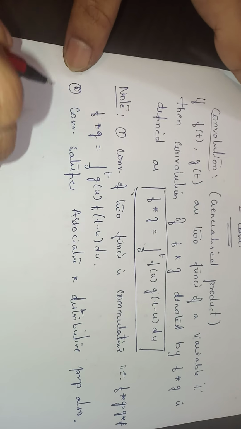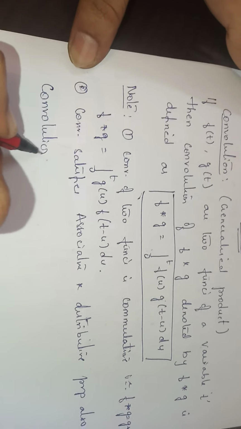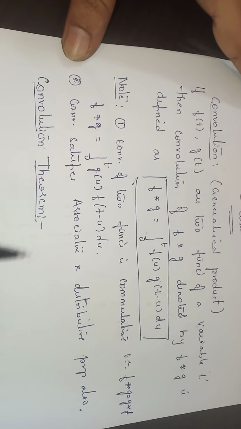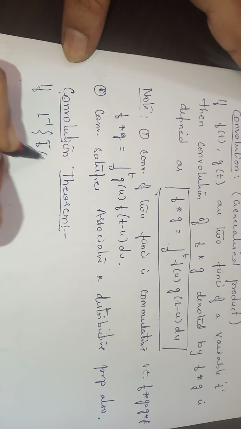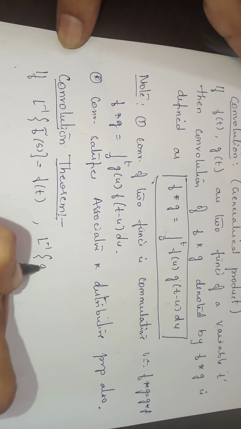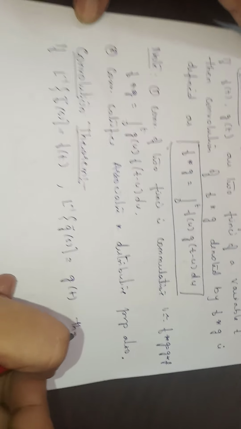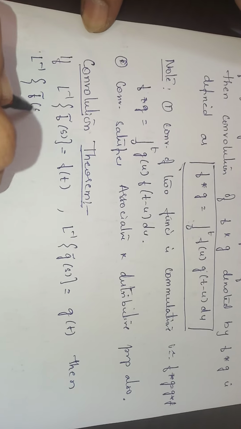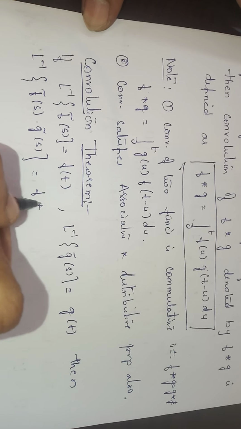The next one is the convolution theorem. According to this theorem, if Laplace inverse of a function f bar of s is f of t and Laplace inverse of another function g bar of s is g of t, then the Laplace inverse of the product of those two functions, f bar of s into g bar of s, is equal to their convolution.